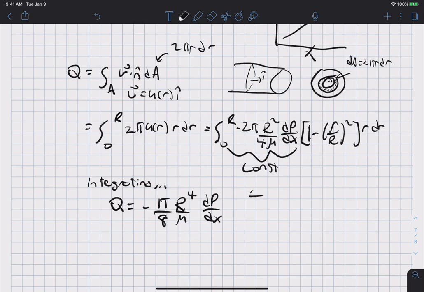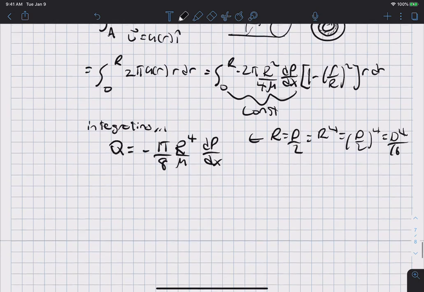Note that it's not usually given in this form, but R equals D over 2. And so R to the fourth equals D over 2 to the fourth, which equals D to the fourth over 16.